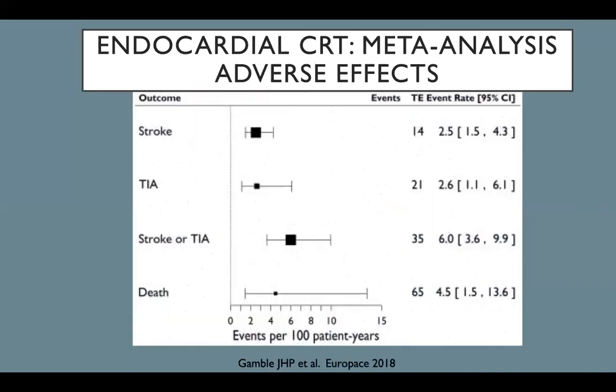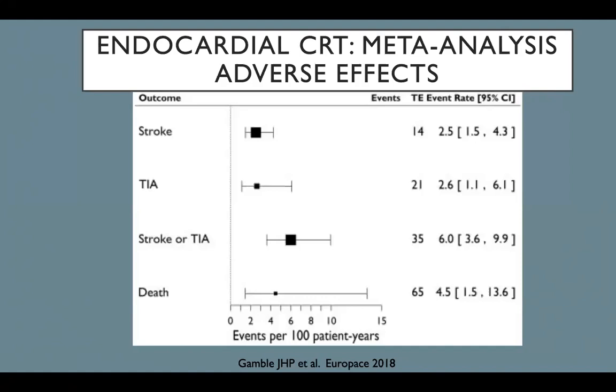If we look at event rates per 100 patient-years, so if you had 100 patients followed for a year, 2.5 of them are going to have a stroke, which is pretty high. The TIA rate is 2.6%, combined stroke or TIA is 6% or so, and death is 4.5%.